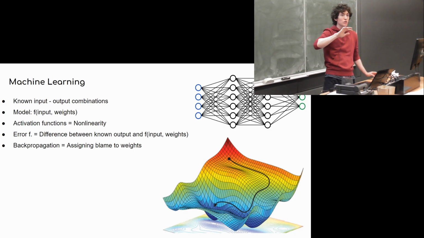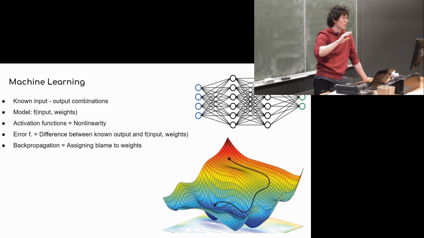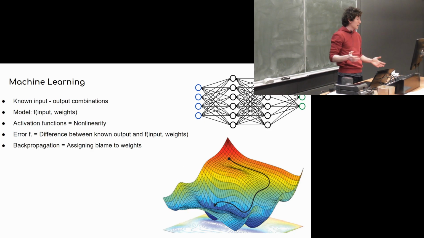And so we can see which ones are contributing the most to the error, however we've chosen to quantify the error. So then backpropagation is taking that derivative, finding the extent of the derivative in each of the directions, and just traveling a little along that slope. There's loads of different ways to do this, and I'm skipping over a ton of the details, but that's essentially machine learning.